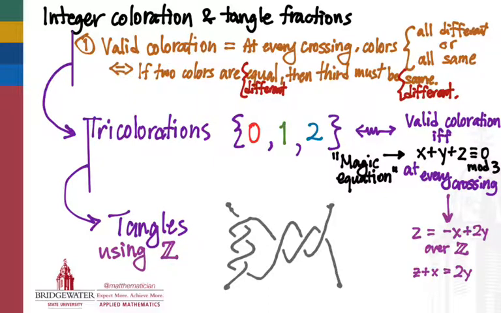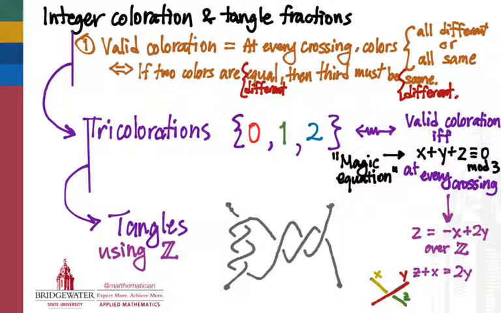And I mentioned last time that my preferred shorthand for how this equation actually tells us about colorations is if we think of the overstrand here as the y strand and x and z as the understrands. I'm choosing them that way because x and z are symmetric in this equation. If I interchange x and z, the equation doesn't change. And so my 2 understrands play the role of the interchangeable ones in this equation.